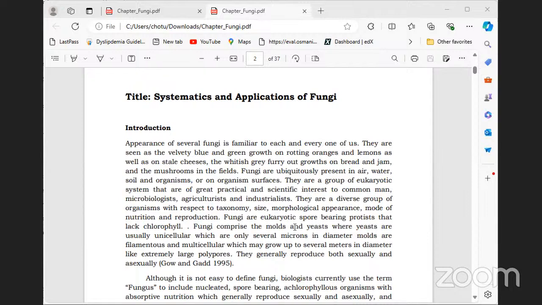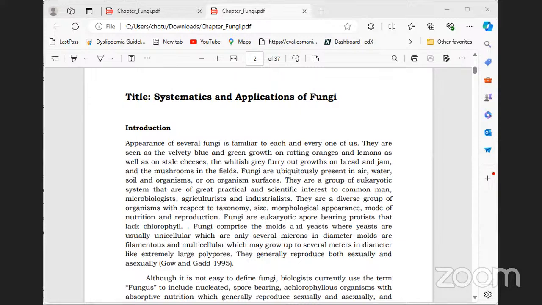In a formal and concise way, fungi may thus be defined, based on characters, as eukaryotic, with mycelium, heterotrophous. See, these are heterotrophous. What is the meaning of heterotrophous?